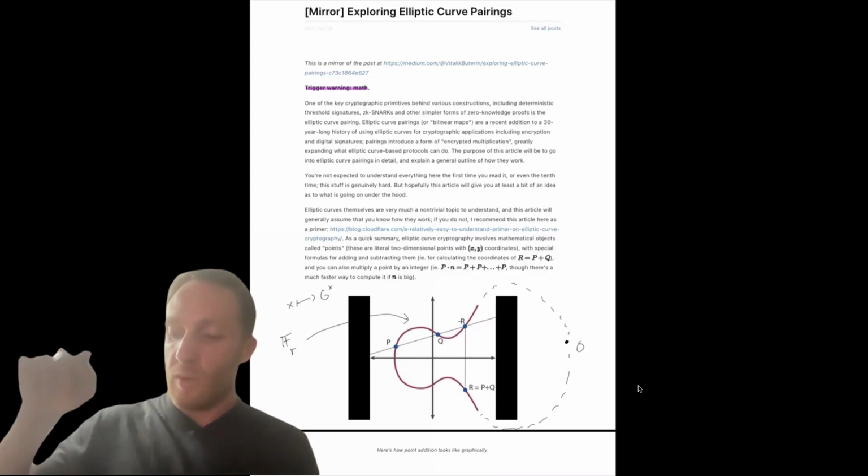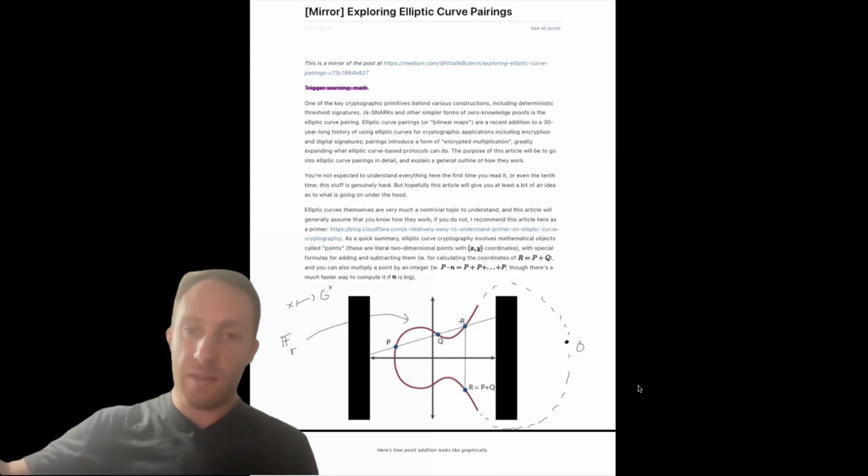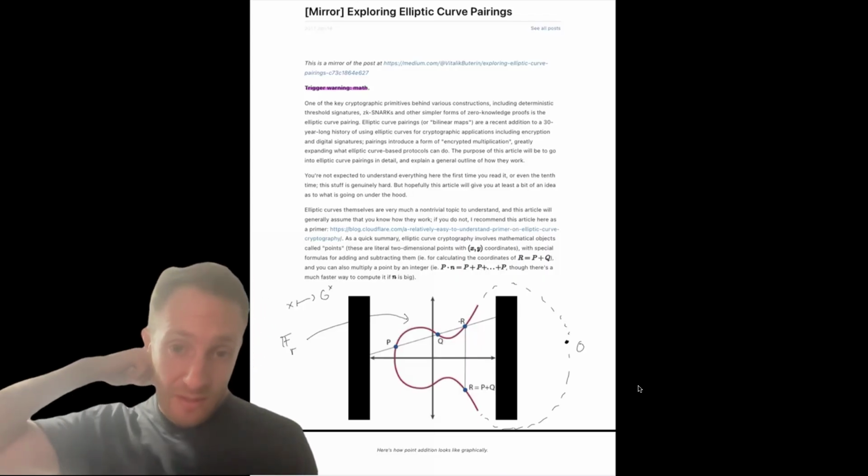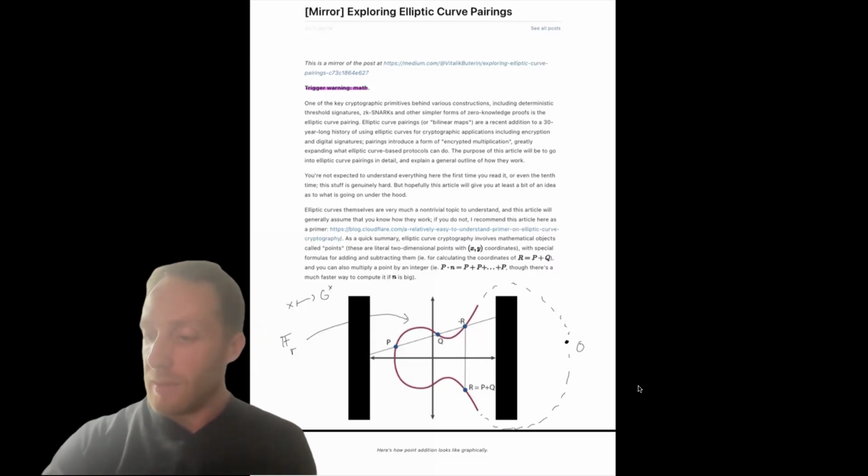And so you have this clock arithmetic kind of mapping onto the elliptic curve. That's the intuition to have.